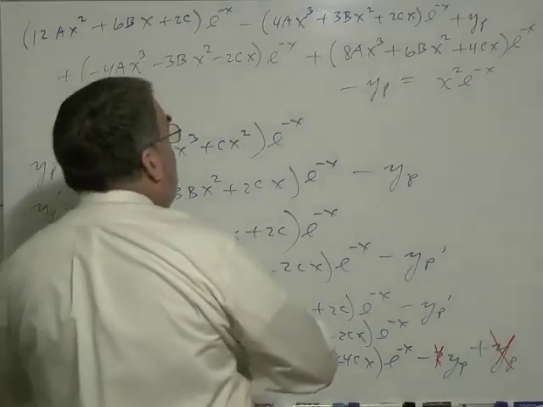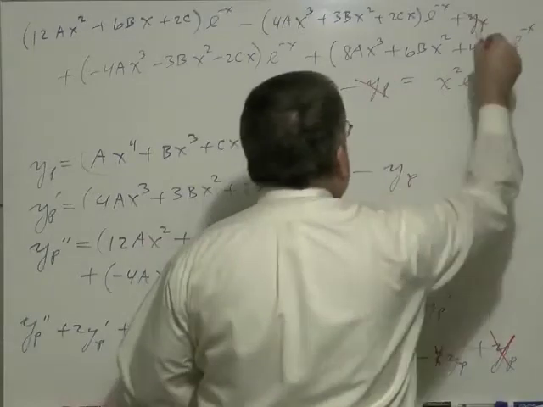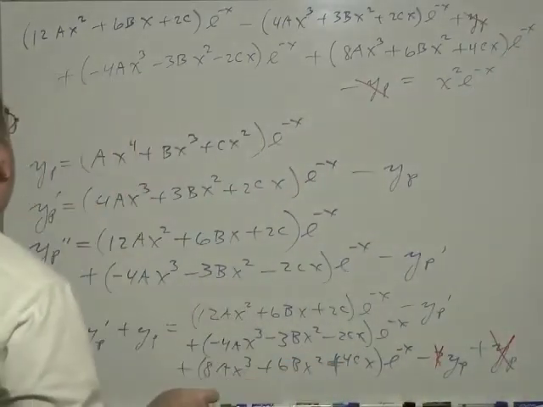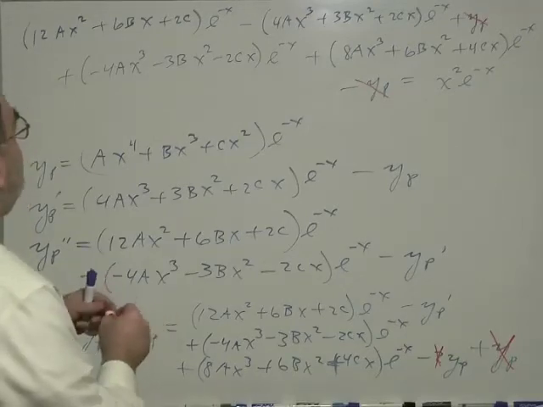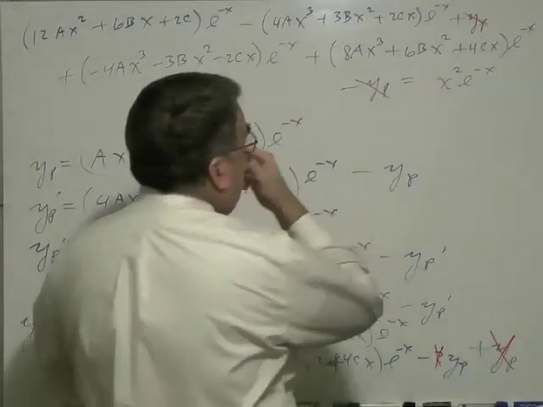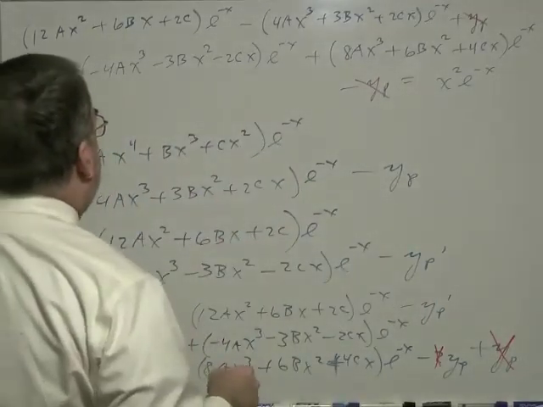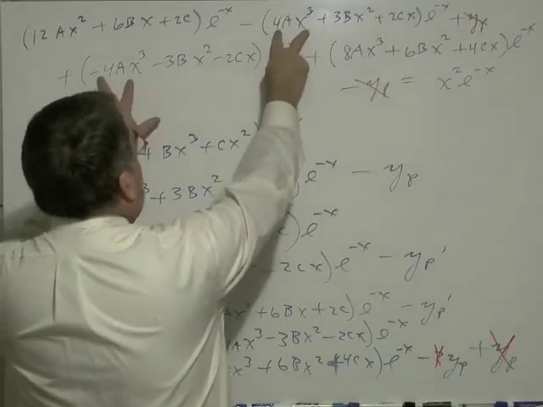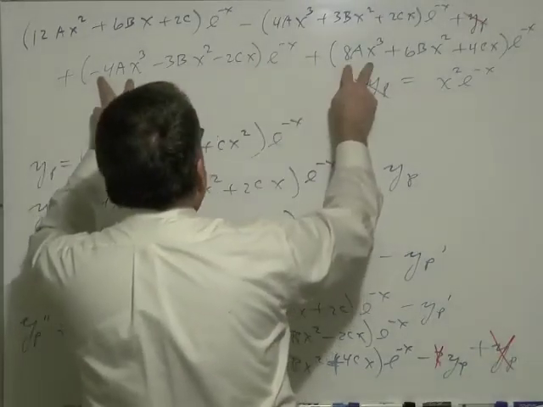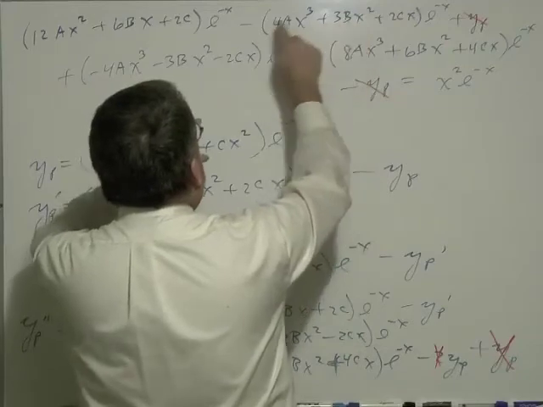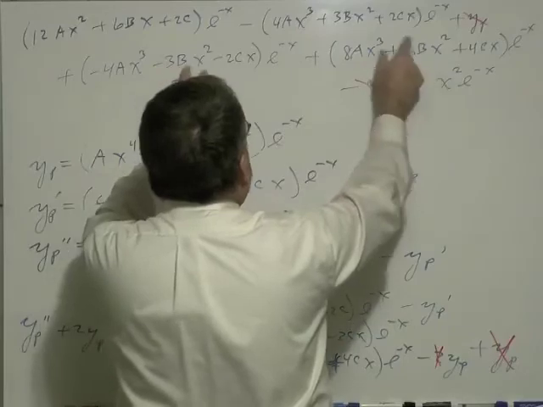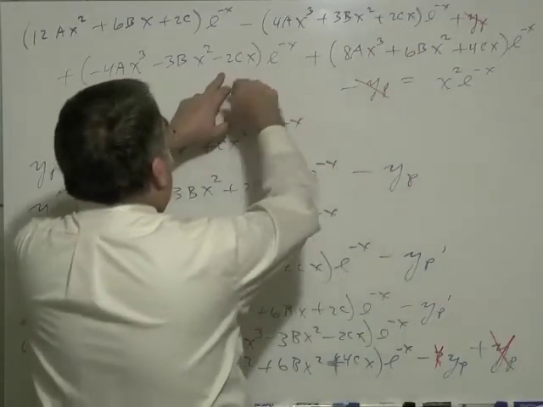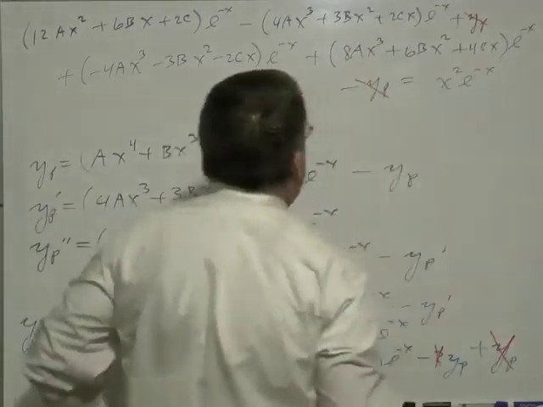And rather nicely here, the y particulars cancel. And let's see, I don't know if anything else cancels. Possibly all this cancels. Let's see. We've got minus 8a x cubed. There's plus 8a x cubed. It's a good sign. Negative minus 3b is minus 6b plus 6b x squared. Minus 2cx minus 2cx, that's minus 4cx plus 4cx.